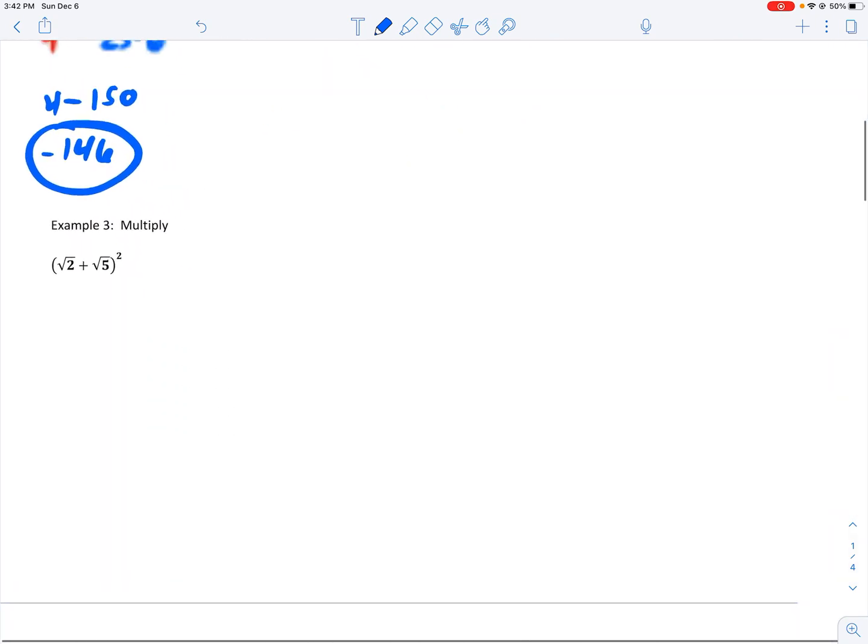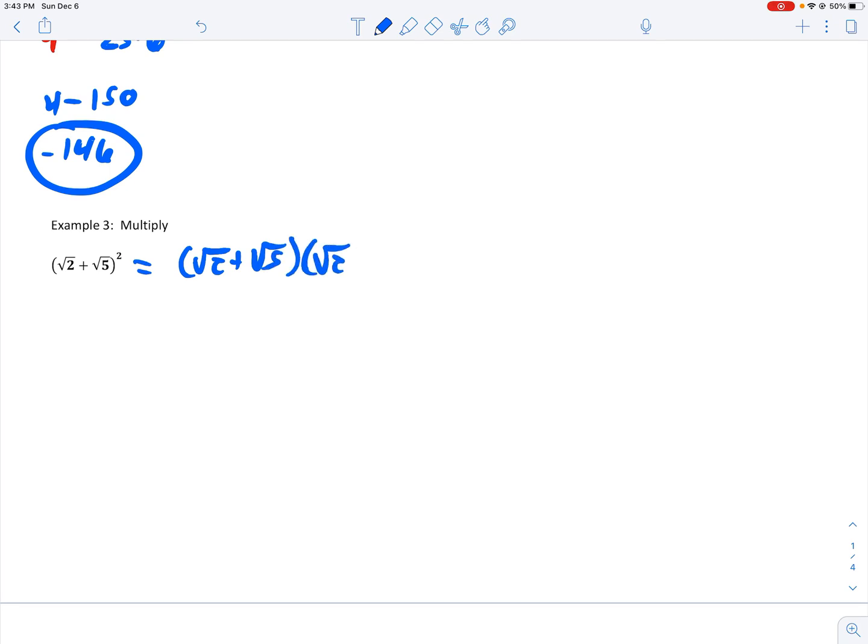Okay, example 3, multiply. This is the same thing as root 2 plus root 5 times root 2 plus root 5. Now this is not a difference of squares, so I can't use that little pattern we recognized on the last example. So I'm going to have to FOIL it out.